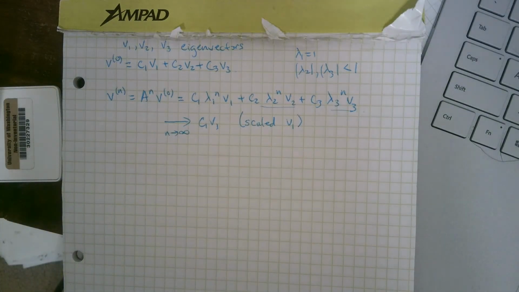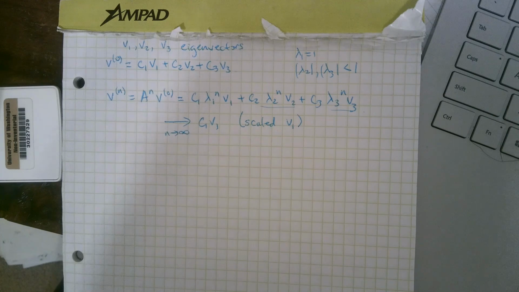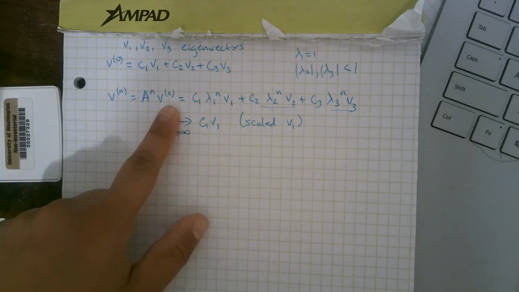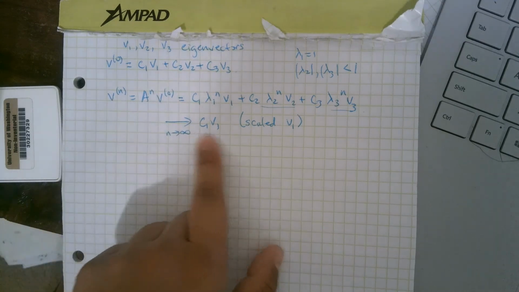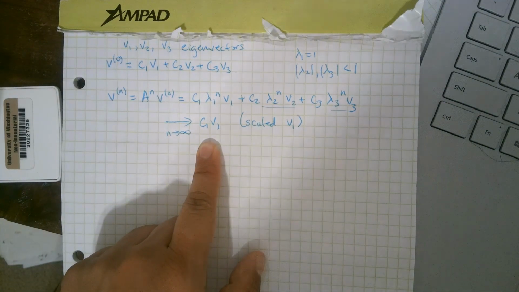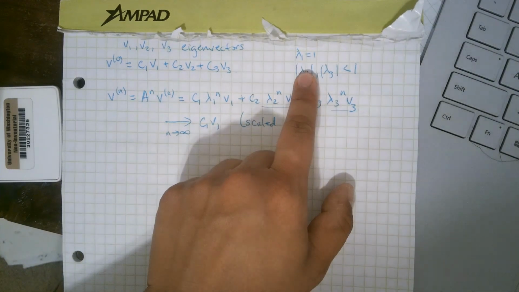And it's just going to be scaled so that the sum is 1. So no matter what vector I start with, the nth vector is going to be a scaled version of that eigenvector corresponding to eigenvalue 1.